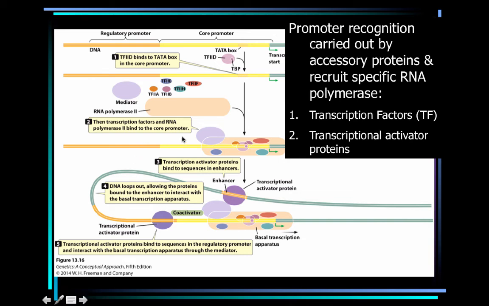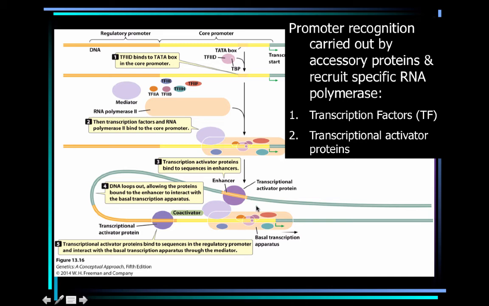All right, so in eukaryotic systems, the promoter region is going to be carried out by accessory proteins, and they are going to recruit very specific RNA polymerases. So these transcription factors become very important in this process. So different transcription factors will come in, bind to the holoenzyme, and we'll also see activator proteins come together and help bind to sequences in the core promoter region.